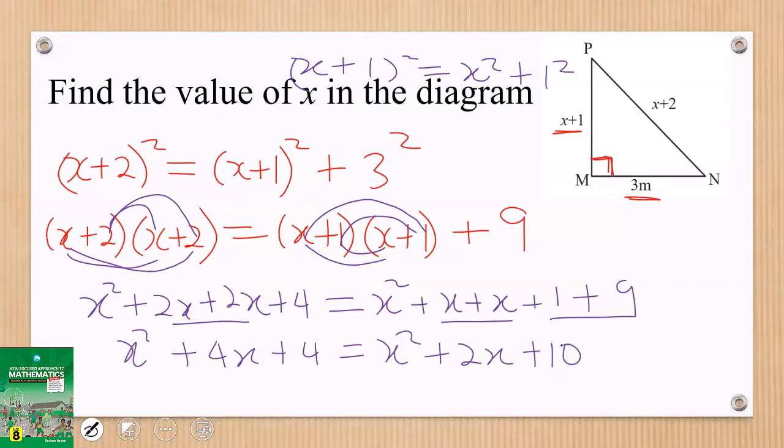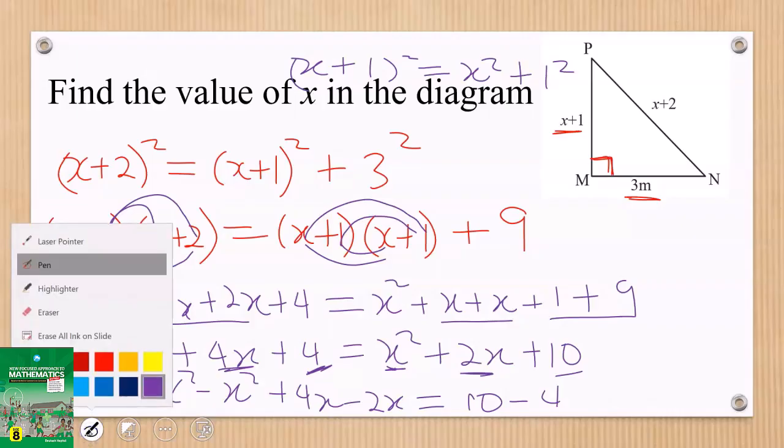Now, when I group like terms and move this one to the other side, I'm going to have x squared minus x squared, then plus this 4x here. And if I move this 2x here also, it becomes minus 2x. Okay, let me say it's equal to the 10 that is here, then this 4 moves to the other side to become negative 4. So this is what I have.